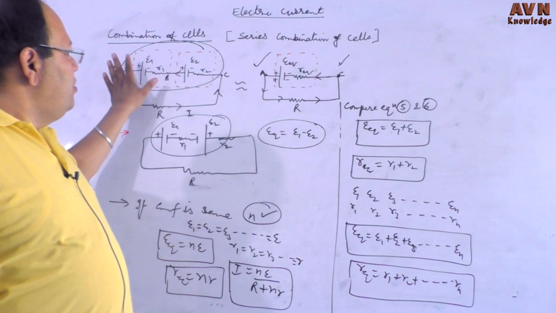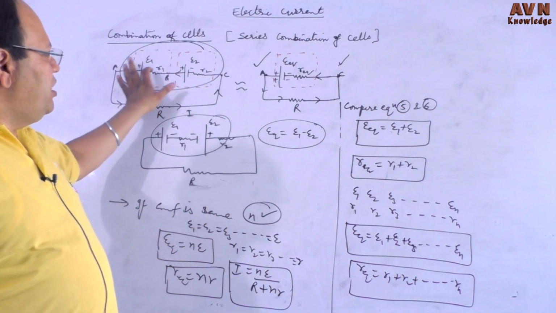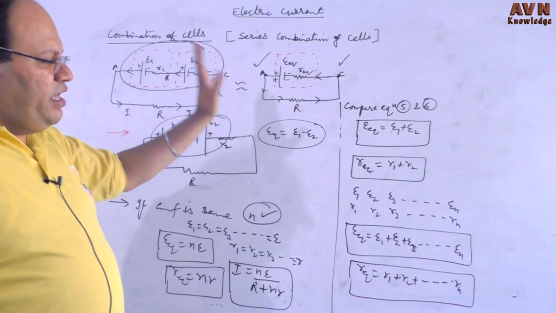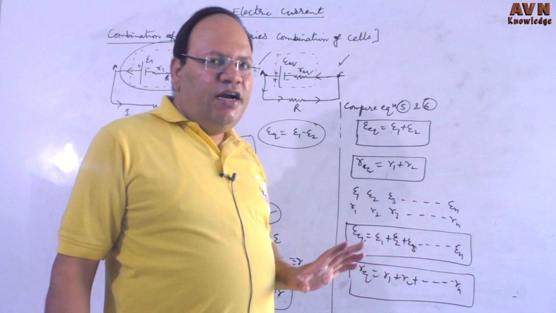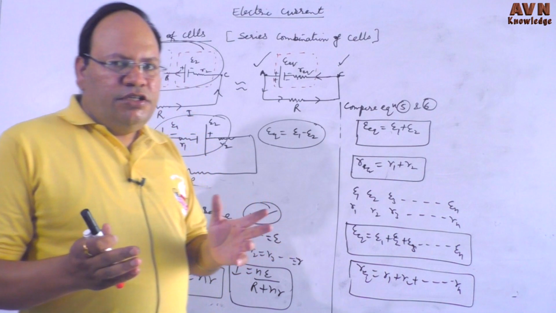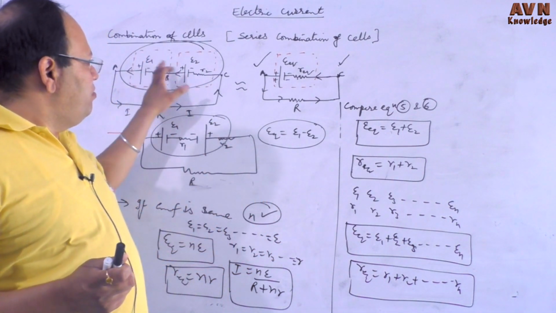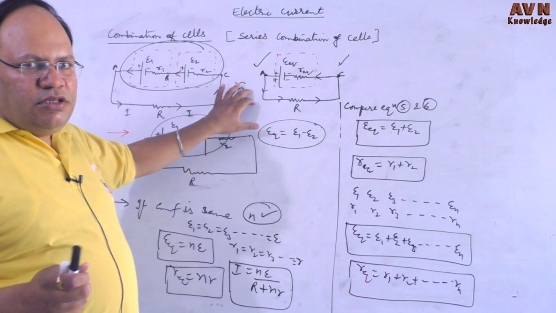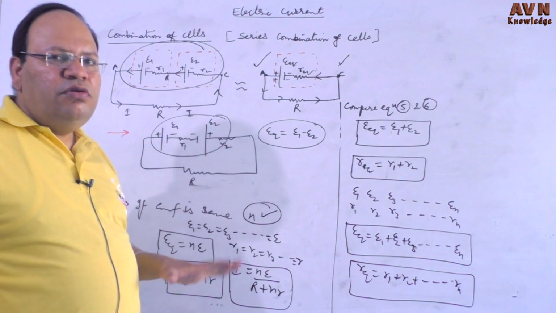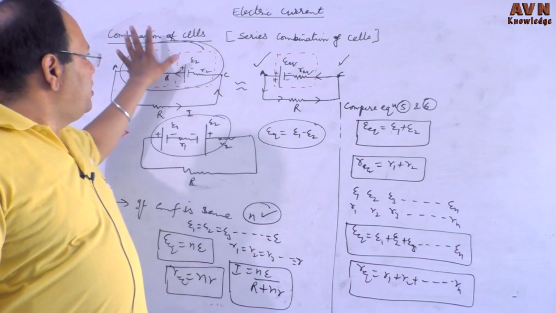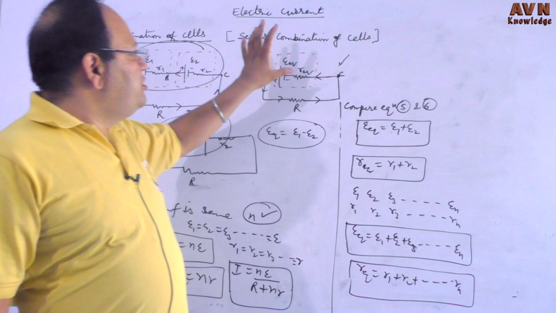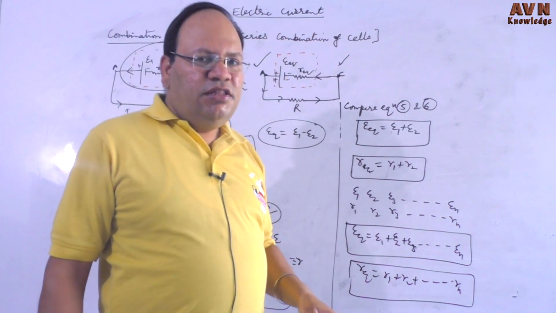When we use the same terminals plus minus, plus minus, plus minus, they will be added. If the terminals change to plus minus, minus plus, plus minus, then the result will also change. So this is the basic concept of combination of cells in series combination.